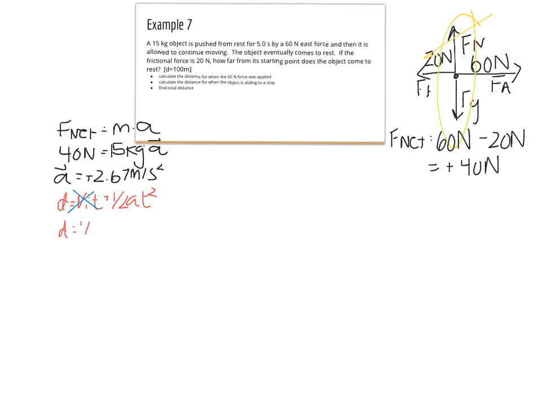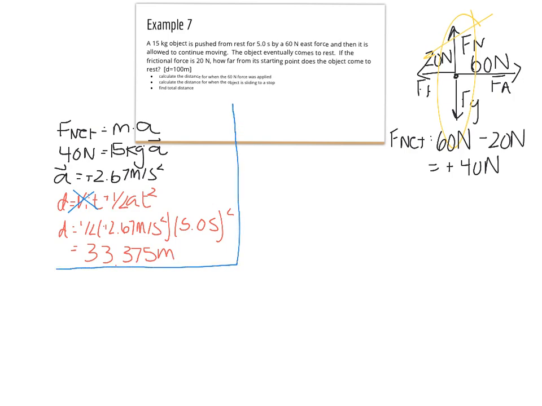So 1/2 times acceleration, which was positive 2.67 meters per second squared, and time was 5 seconds squared. So the distance traveled was 33.375 meters while we were accelerating it. Okay, so that is the distance for the first piece.